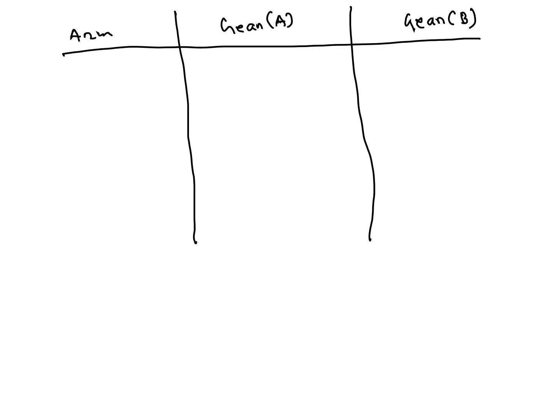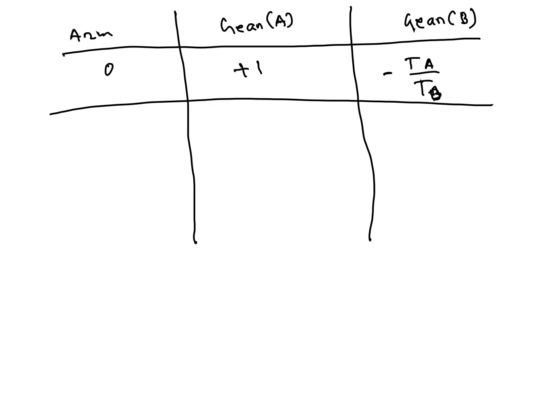External contact, so TA by TB with minus. If it is internal contact, then it will be positive. Fix the arm, rotate gear A 1 revolution, then gear B will rotate minus TA by TB.